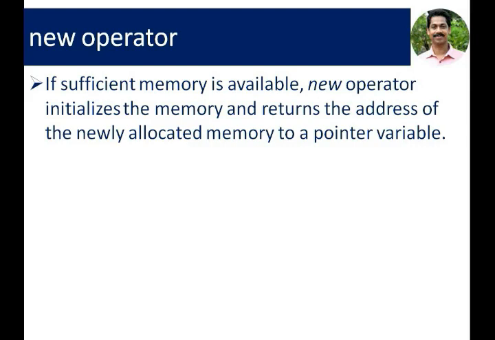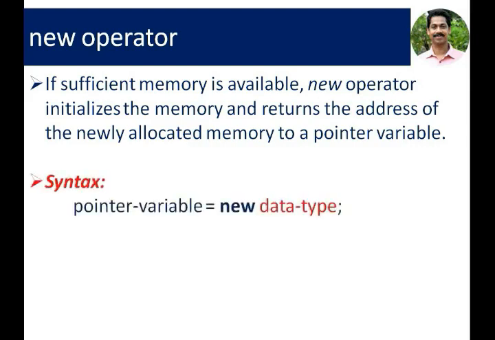This is happening during runtime, and at that time if a sufficient memory area is available, we can mention the number of bytes to be allocated with the new operator, and if that amount of memory is available, it is allocated at that time, that means at runtime, and its starting address is returned to a pointer variable. This operator returns the starting address of the allocated memory, and this address can be stored in a suitable pointer variable. The syntax is very simple.